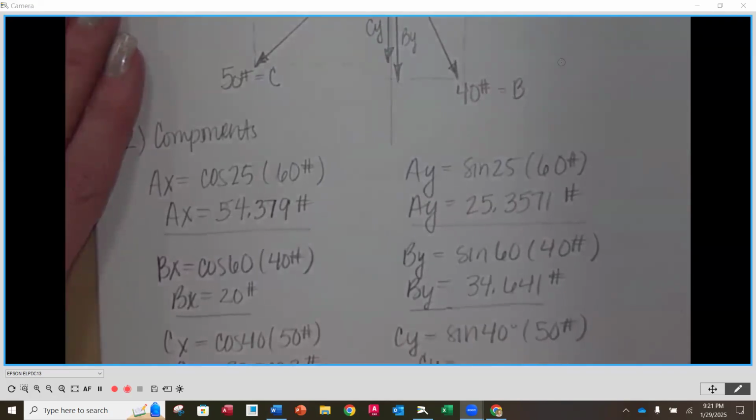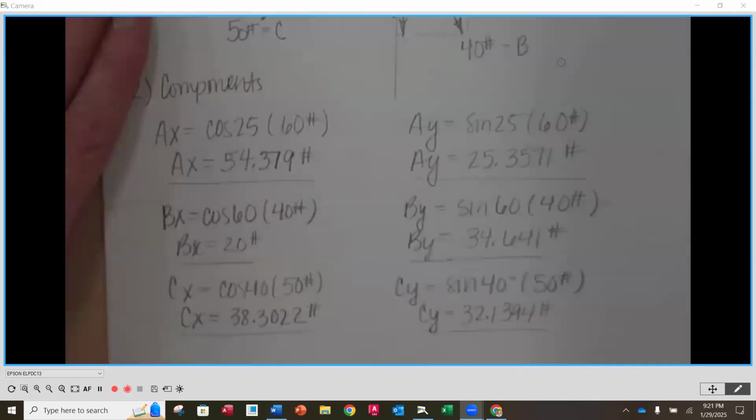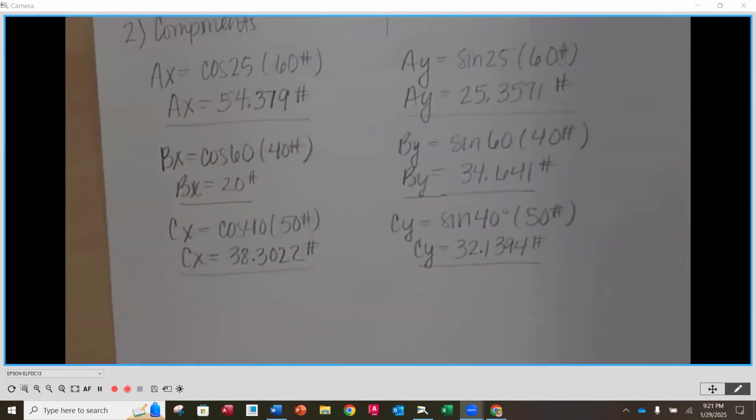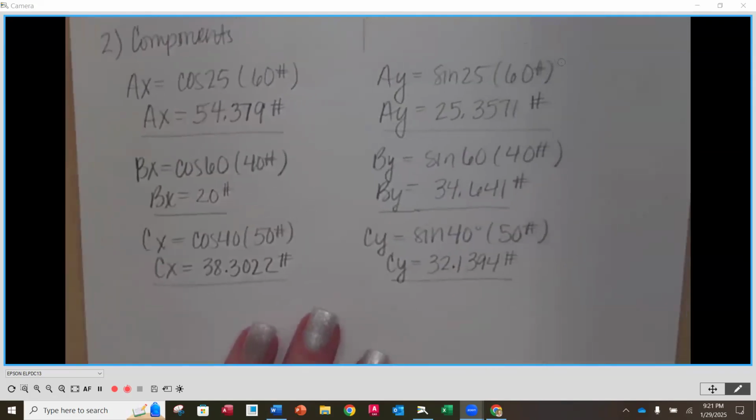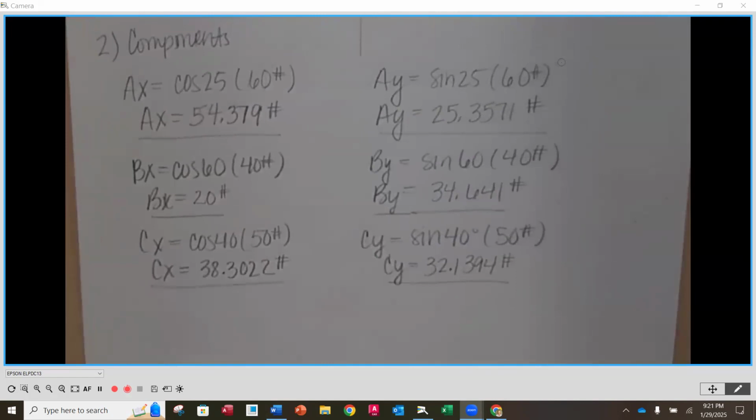So my CY, 32.1394 pounds. So those are all the components. Got them all there? All right.